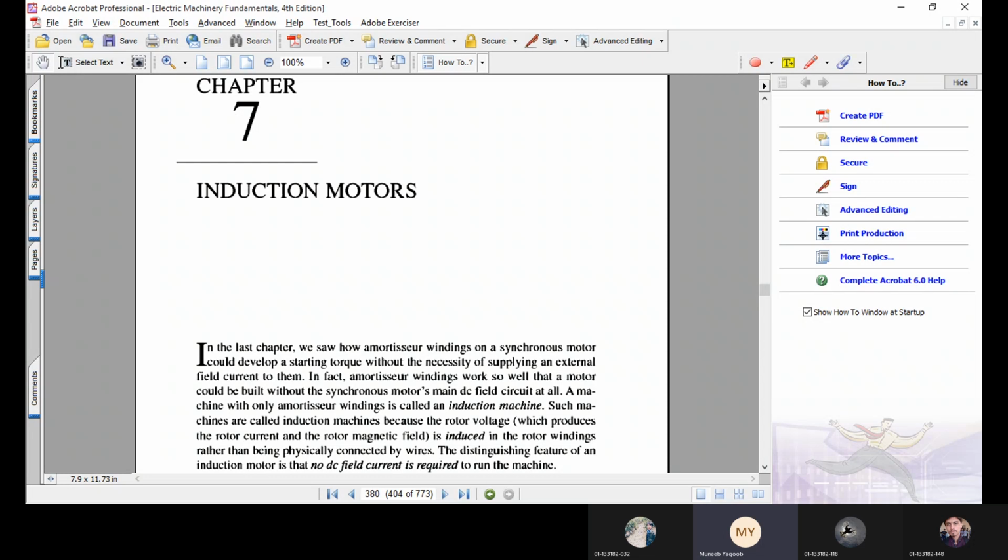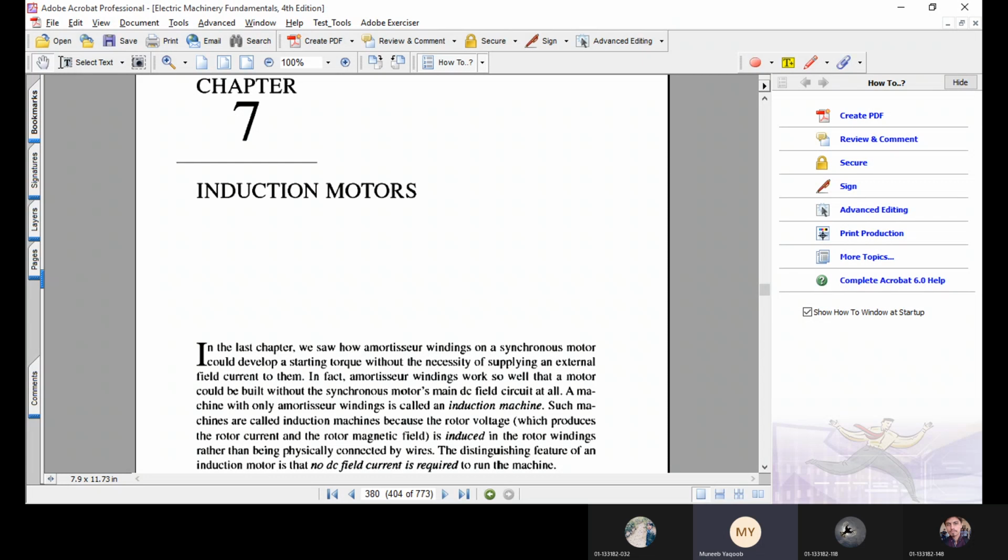So starting from the introduction of induction motors, as discussed in chapter 4, there are two types of AC machines. Number one, the synchronous machines, and number two, the induction machines. What was the principal difference between them?